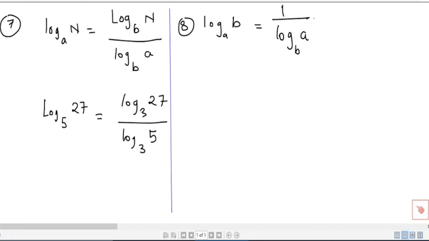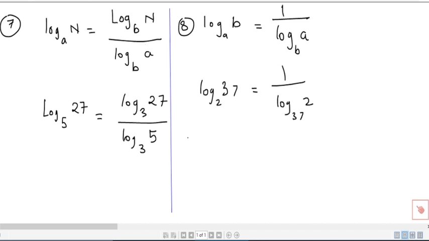Log a of b is 1 upon log b of a. Very simple. One example is log base 2 of 37 is equal to 1 upon log base 37 of 2.